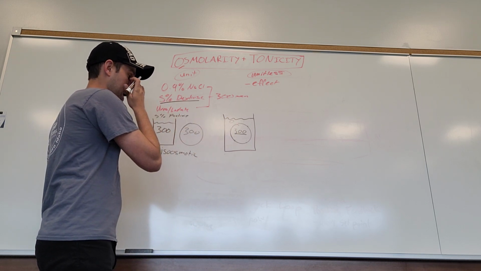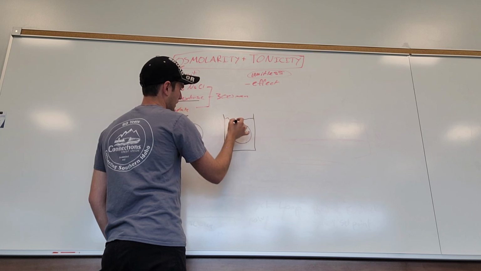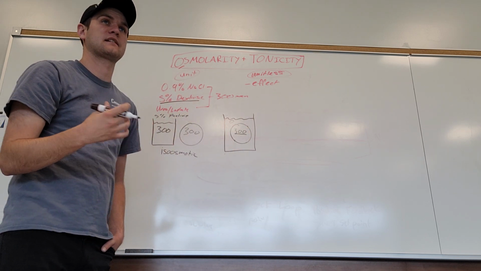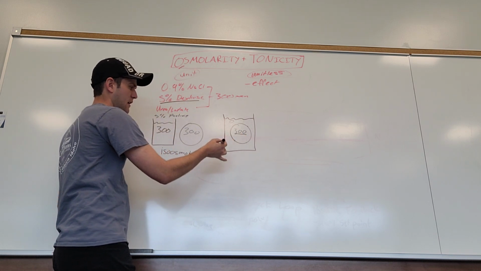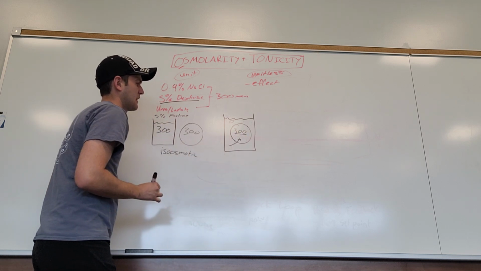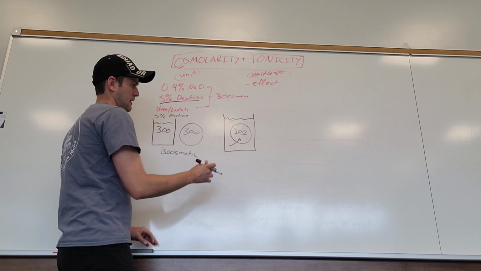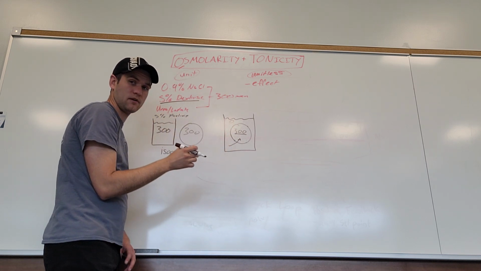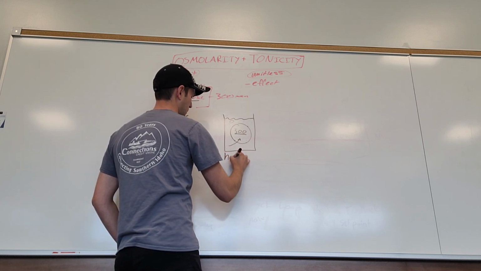So now osmosis is going to occur where, because it's lower here and higher inside, our water likes to follow our solutes. So because we have more solutes inside the cell, osmosis is going to occur. Our water is going to move into the cell, and it's going to swell up, and it's going to burst. But again, because our solution is lower than our cell, this is what's called hypotonic.